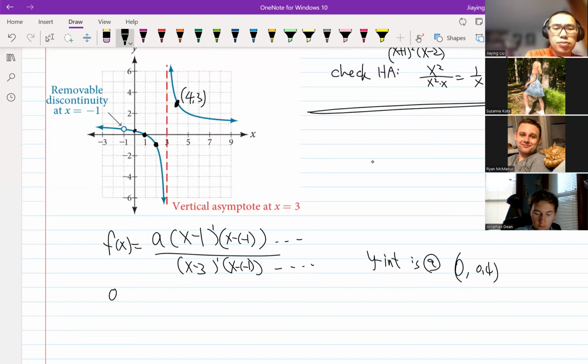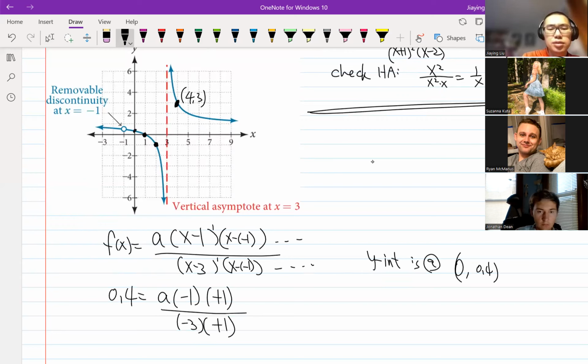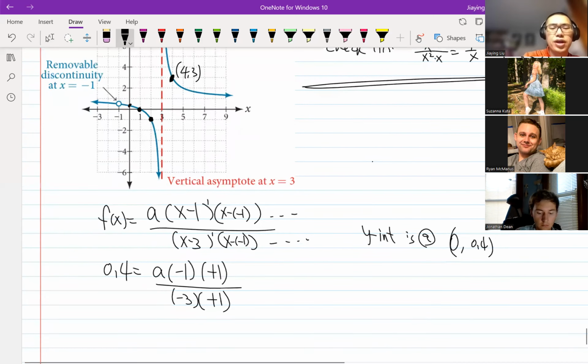So that's 0.4 equals a times 0 minus 1, that's a -1. And then 0 minus -1, that's a +1. And divide by -3, and there's +1. And then if we simplify and find a, we get 0.4 equals a over 3, and a equals 1.2.